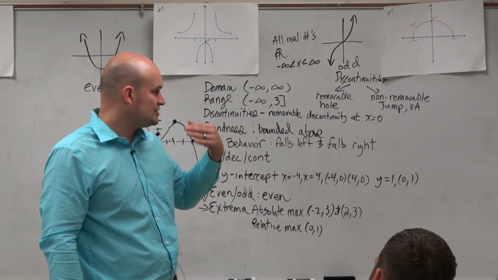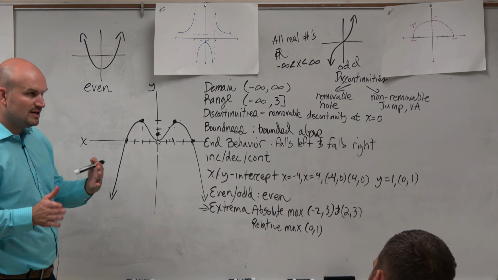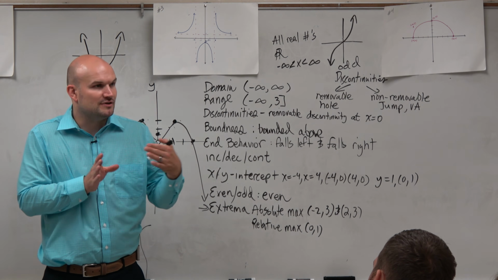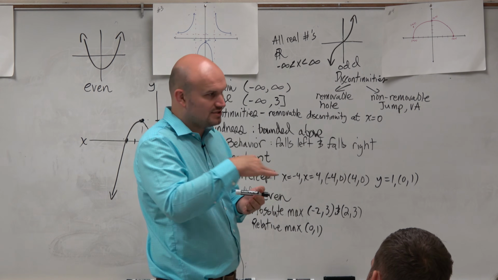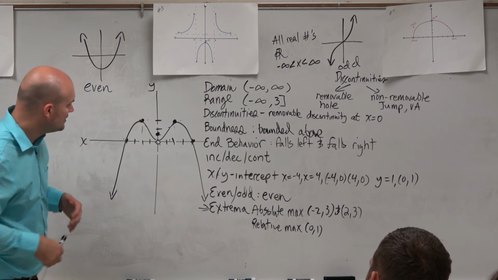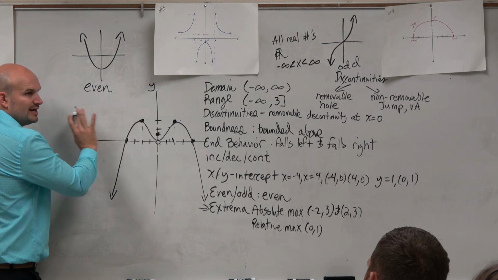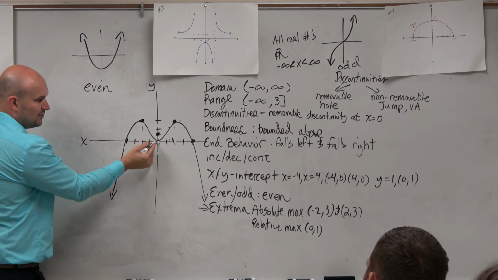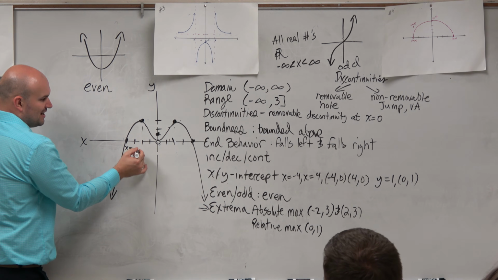So when we are describing something as increasing, decreasing, or constant, we only want to talk about when the graph is going up, down, or remaining constant. So even though these have coordinate points, we don't care about the y values here. I am not going to use the y values.